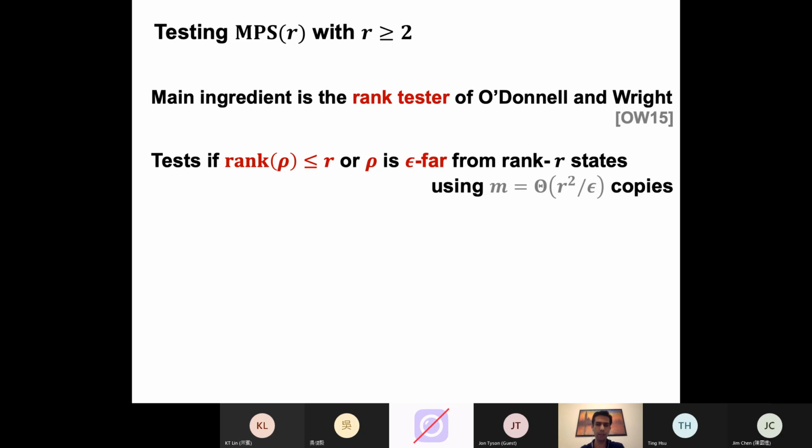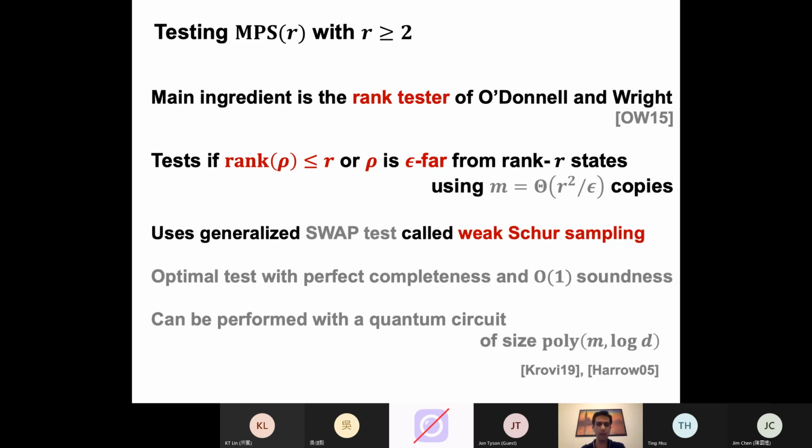So in their work, they managed to pin down the copy complexity of their test, which is R squared over epsilon. So for R equals 1, their test is the same as the swap test. But for the larger values of R, they use a generalization of the swap test, which is called the weak Schur sampling. And they show that their test is optimal among all tests that have perfect completeness and order 1 soundness.